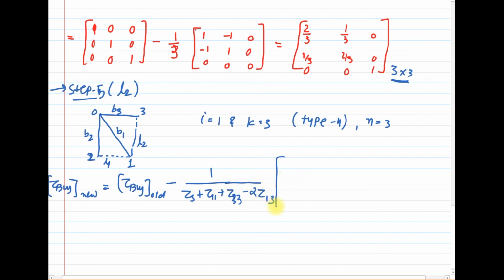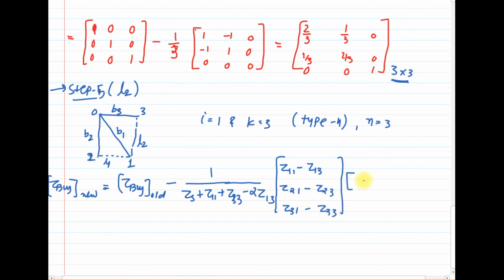Now the column vector: Z11 minus Z13, Z21 minus Z23, Z31 minus Z33.